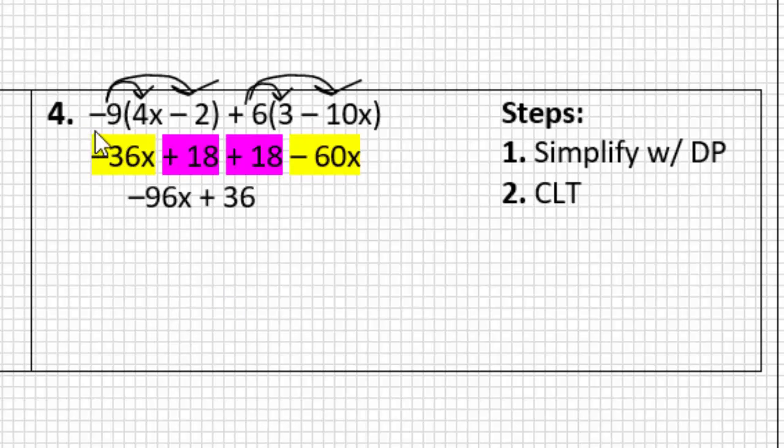And for number 4, we should have been able to take the expression negative 9 times the quantity 4x minus 2 plus 6 times the quantity 3 minus 10x and simplify it all down using these 2 steps to negative 96x plus 36.